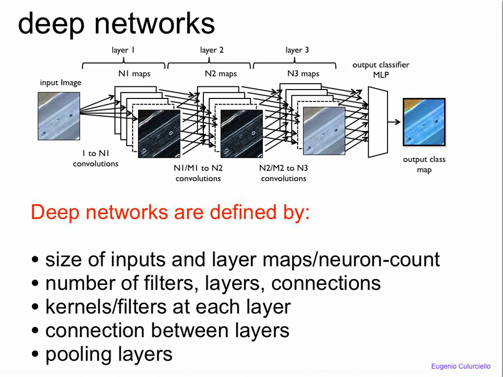So deep networks are defined, if you look at the entire network, by a set of parameters. These parameters are the size of the inputs and the number of layers. So how big are these layer maps and how many neurons do they have?